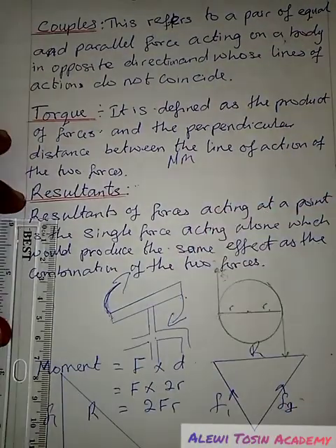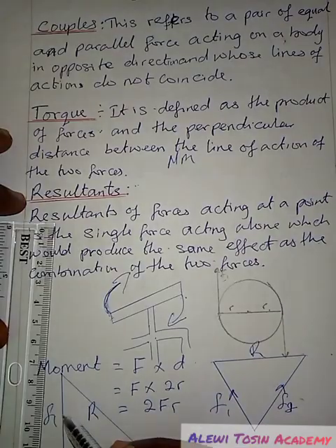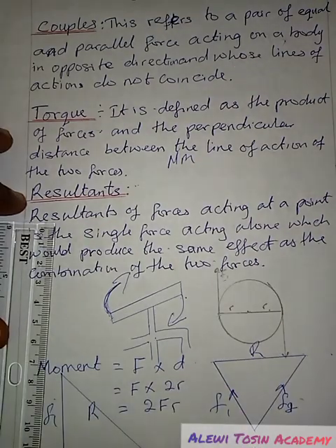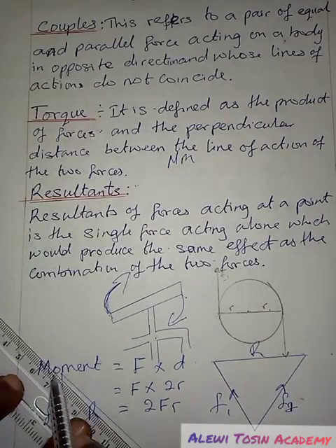So that's that. Now, the resultant of forces depends on the size of the force, and also the size of the angle between the two forces. This one now, the angle there is 90 degrees, and we have the resultant here.